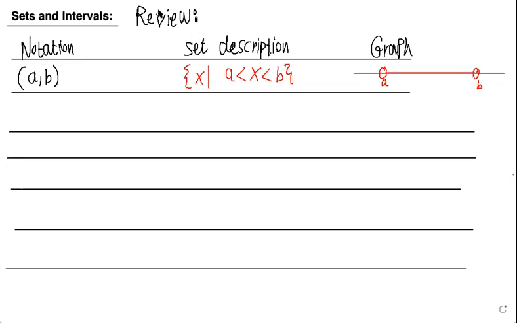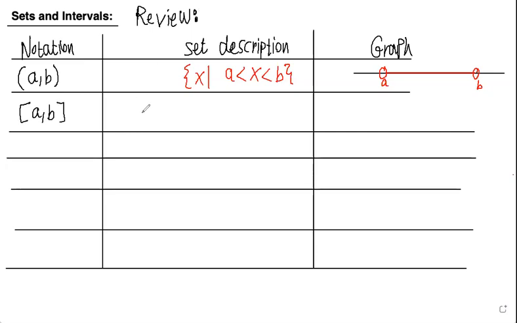For the second notation, the closed interval a comma b. Last time I said this is all values starting from a, with a included, up to the point b, and b also included. Both a and b are endpoints, and they are included inside the interval because we have a closed interval.